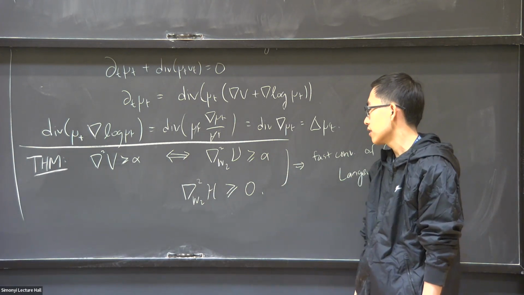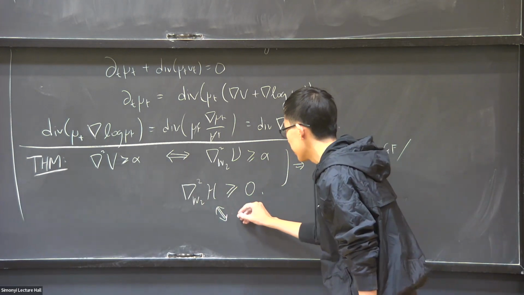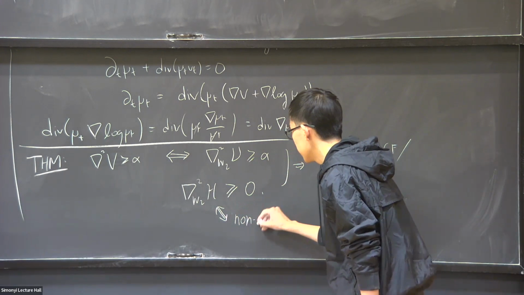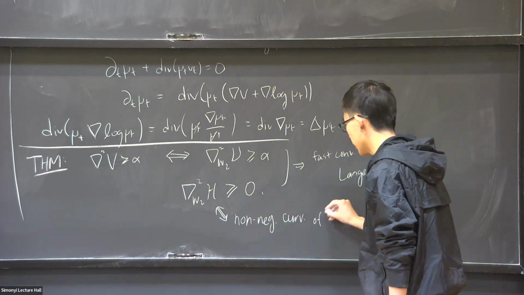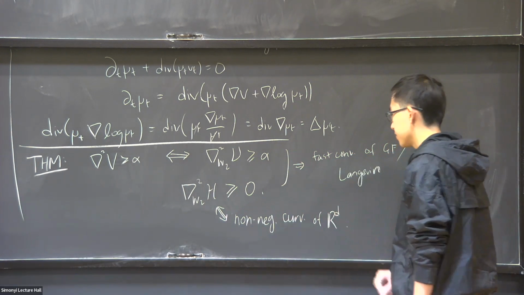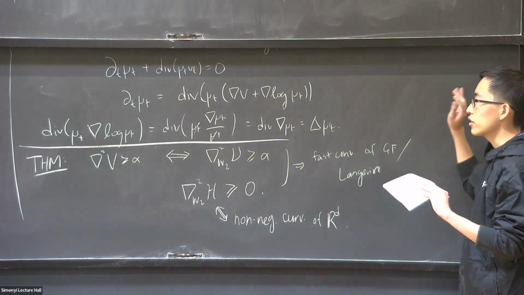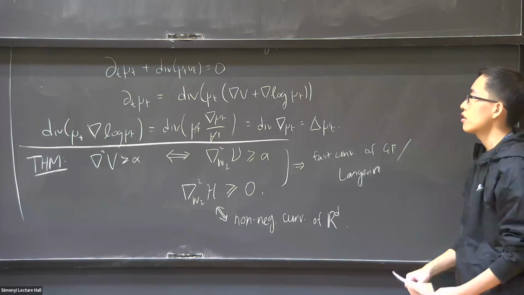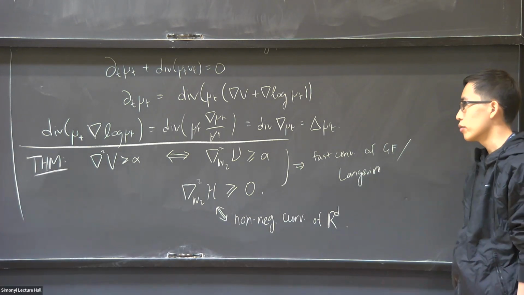One way to see that it's non-trivial is that this fact is equivalent to the non-negative curvature of Euclidean space. In the sense that you could set up everything I talked about on a Riemannian manifold, like diffusions on a Riemannian manifold, KL over the manifold.